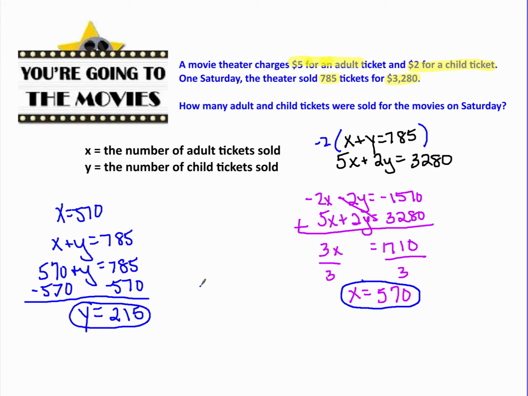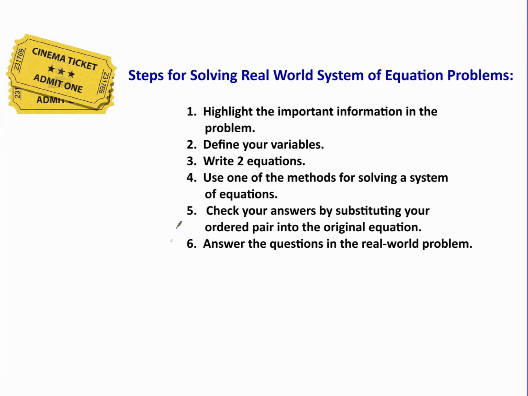So now my ordered pair, my solution here, is x is equal to 570 and y is equal to 215. Our next step is to check your answers by substituting your ordered pair into the original equation.